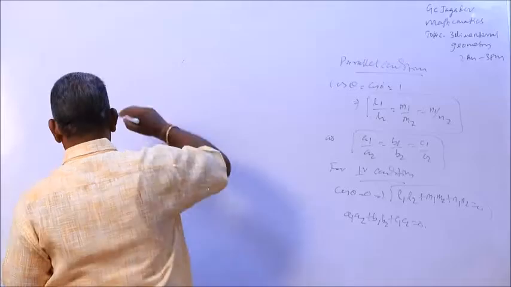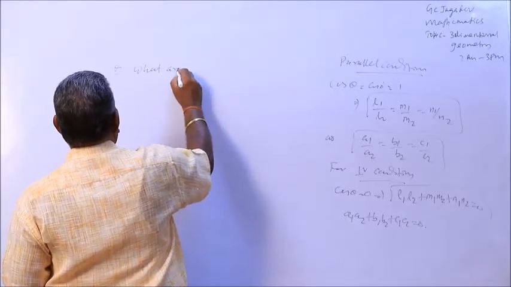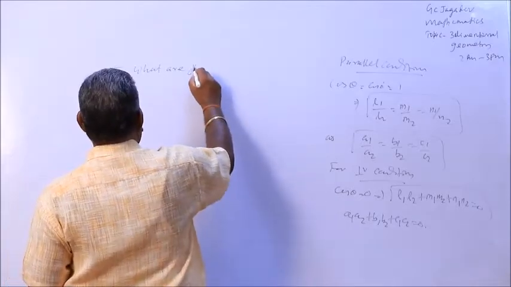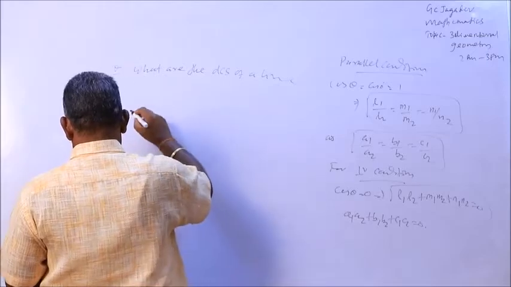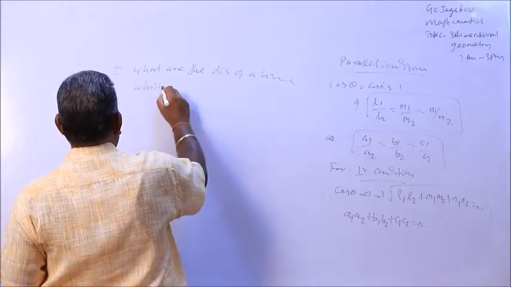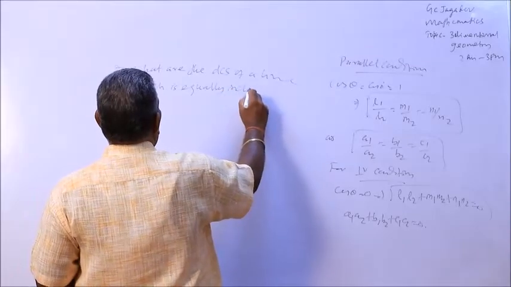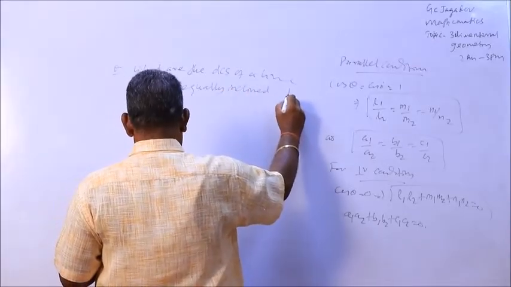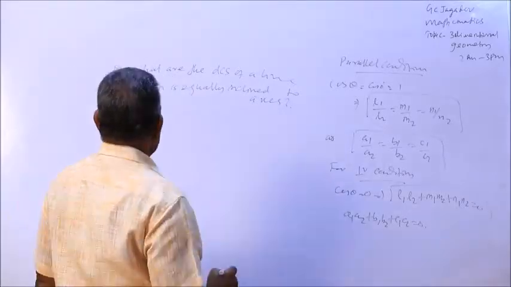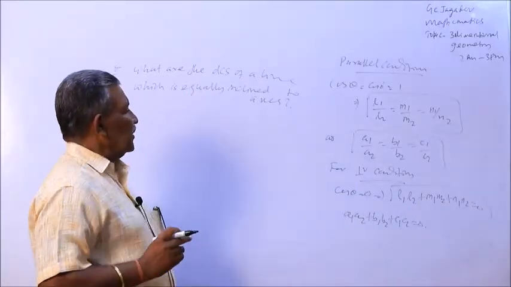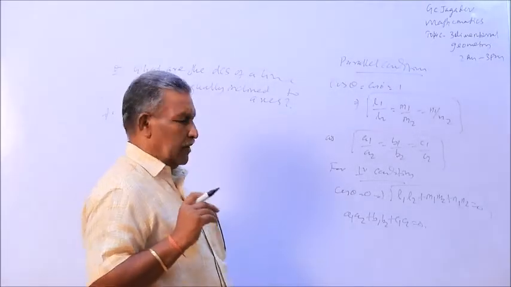Let us do a problem on it. What are the DCS of a line which is equally inclined to axis? Here the line is equally inclined to axis means your alpha equals beta equals gamma.